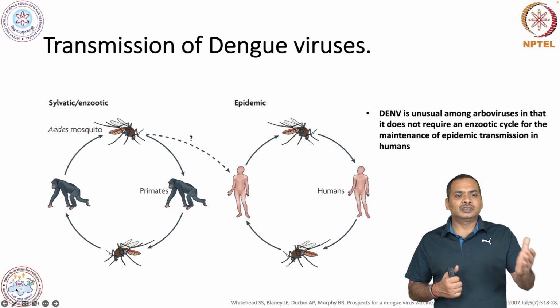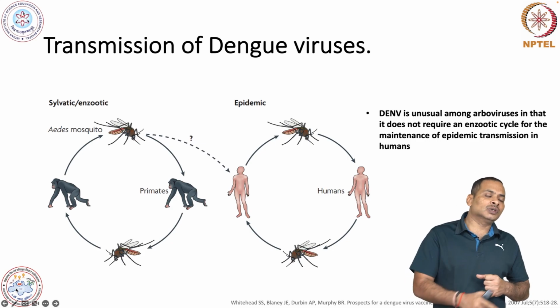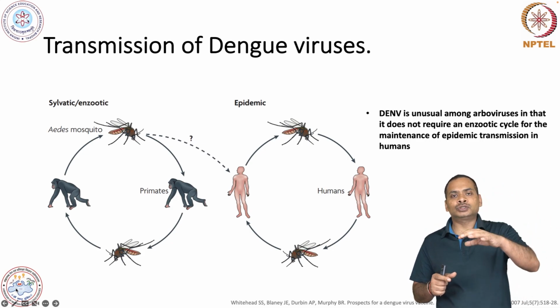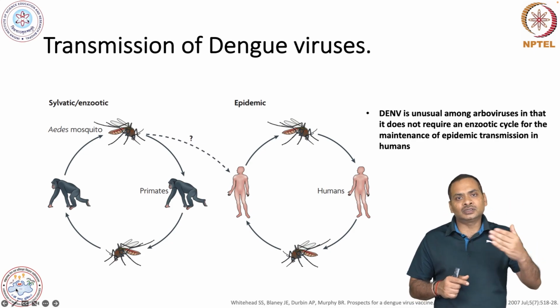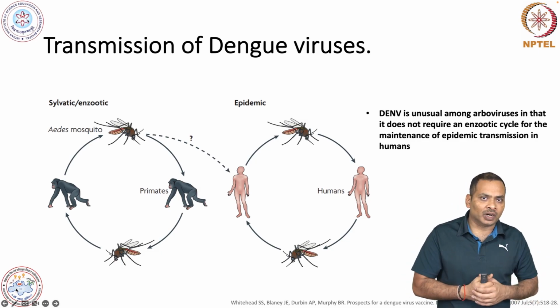Basically, the Aedes mosquito infects a non-human primate, and over there the virus number increases, then the mosquito infects, then the primate infects again. This is one cycle, and this cycle maintains the viruses.